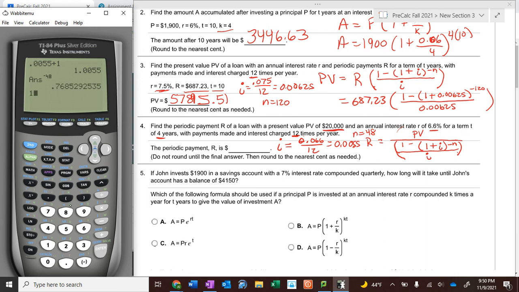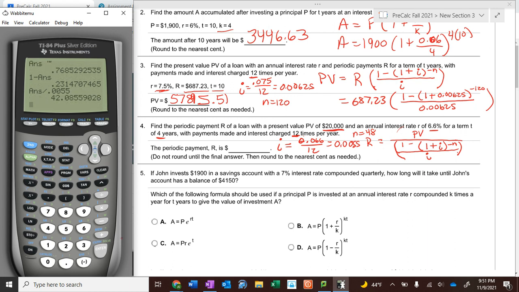I'm going to take 1 minus my last answer, and I get that. I'm going to divide it by my rate of 0.0055.